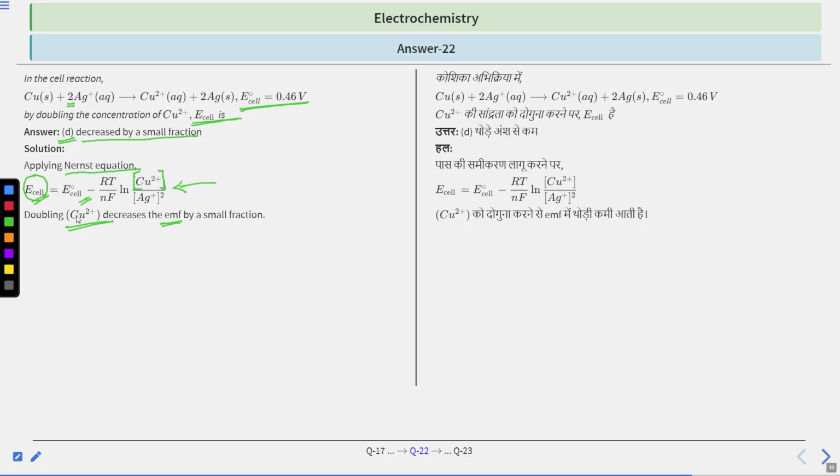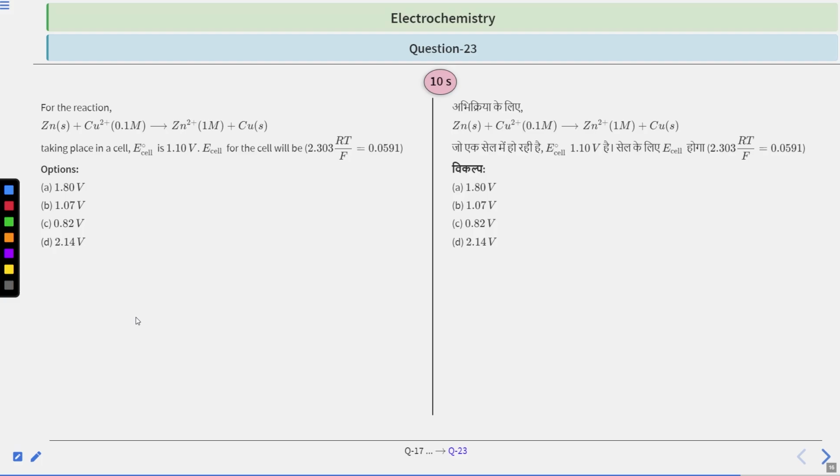So the E cell value, the EMF of the cell, gets decreased by a small fraction, right? So as per the options given, option D is the correct answer. Okay, let's move to the next question.